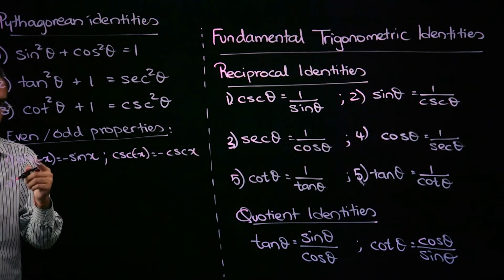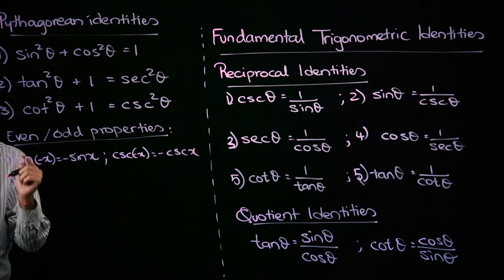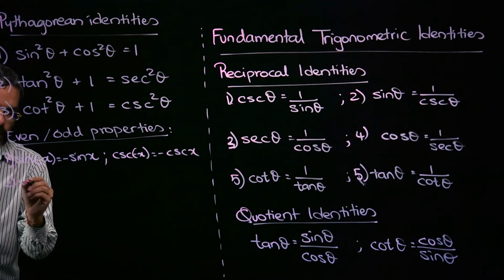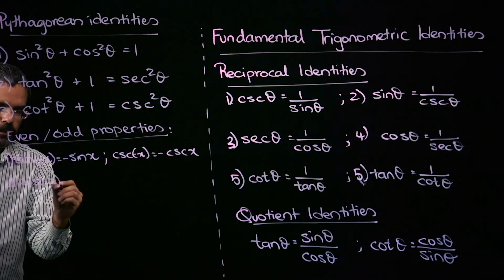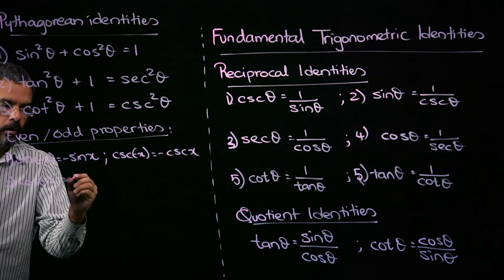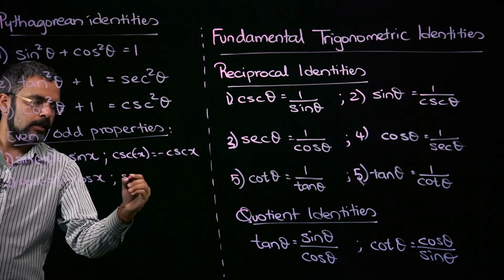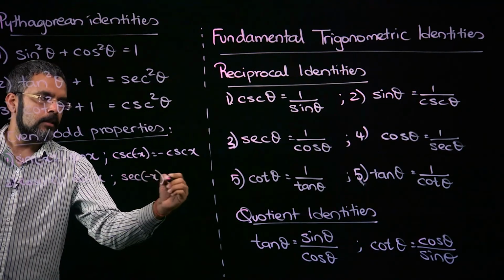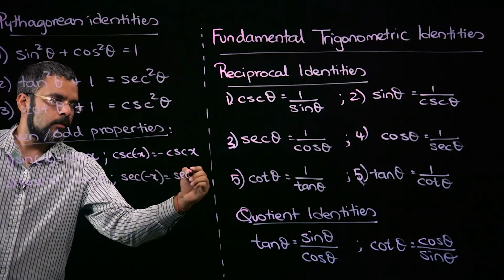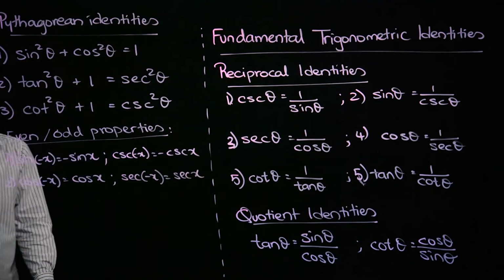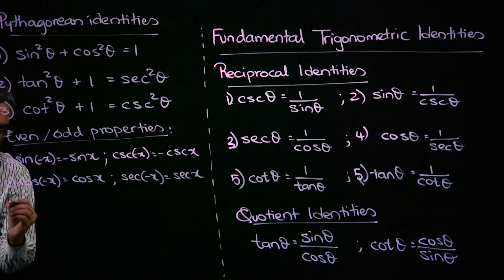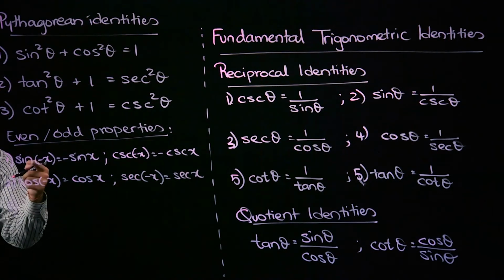Second, we know that cosine was actually symmetric about the y-axis, which makes that even. So cosine of negative x is actually equal to cosine of x, and secant of negative x equals secant of x. All right, and then the third one is, think about dividing these.